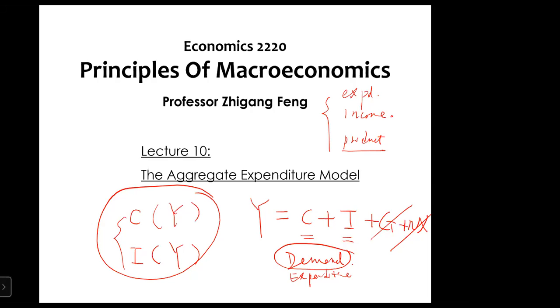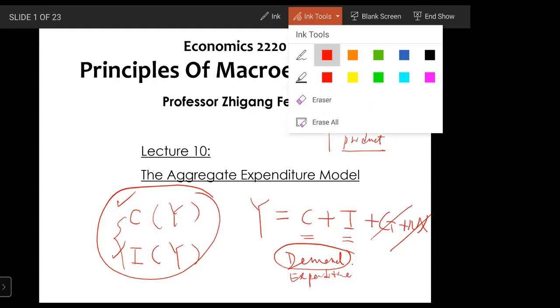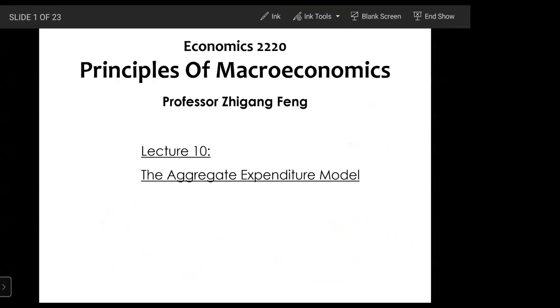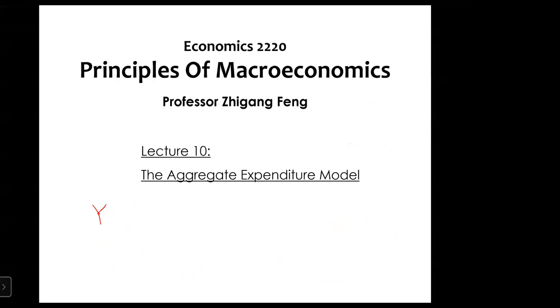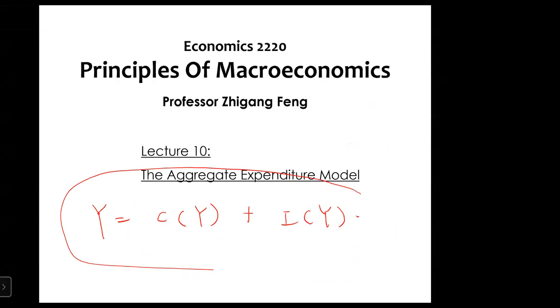Good question. So now we understand the C and the I. Let me erase everything and rewrite. Now we have Y equal to C times Y plus I times Y. In principle, there's one equation and one unknown.